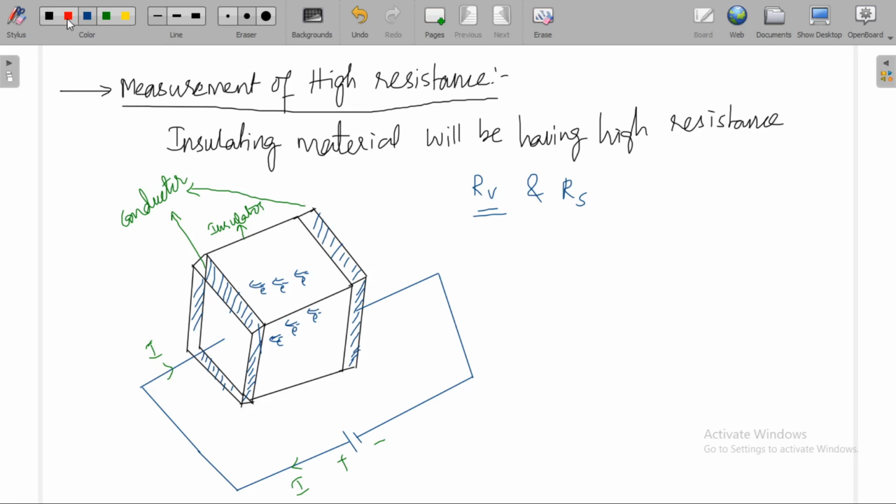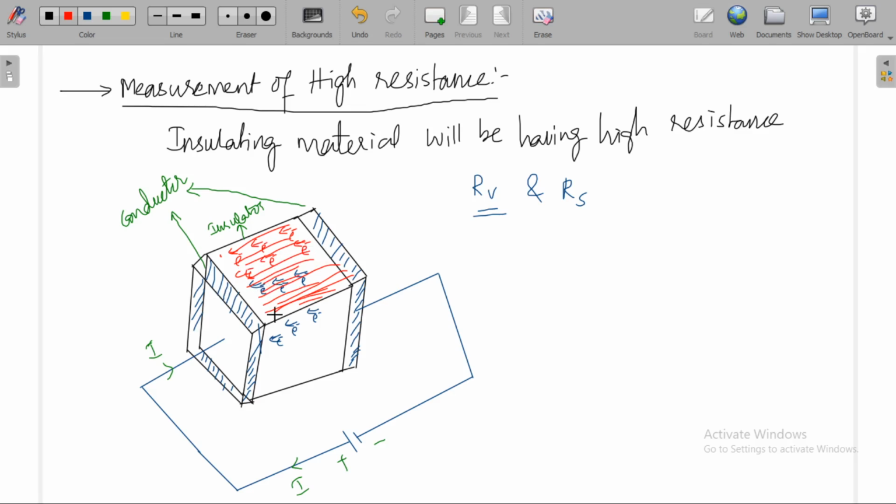Now some more electrons will be flowing to the surface, on the outer periphery of this block of insulating material, from here to here.